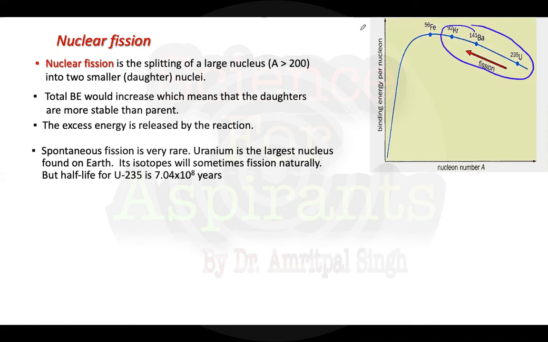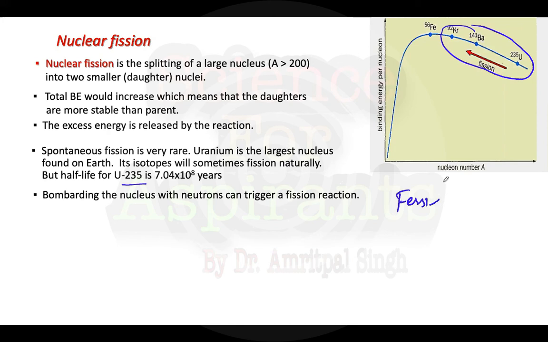Spontaneous fission, that is the chain reaction, is very, very rare. Uranium is the largest nucleus found on earth, and its isotopes will sometimes fission naturally. The half-life of uranium 235 is very, very large. In our nuclear reactors we generally use fissile material, a mixture of uranium 235 and uranium 238.